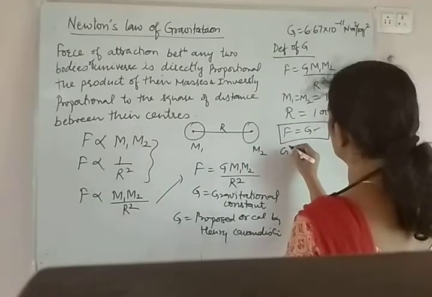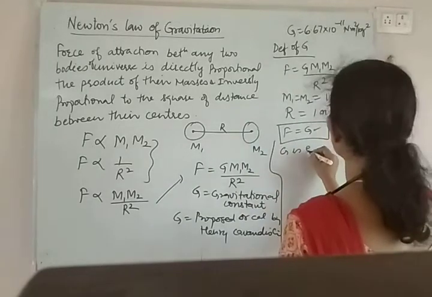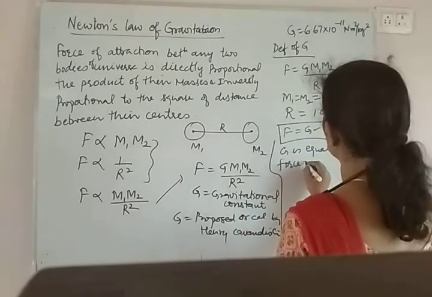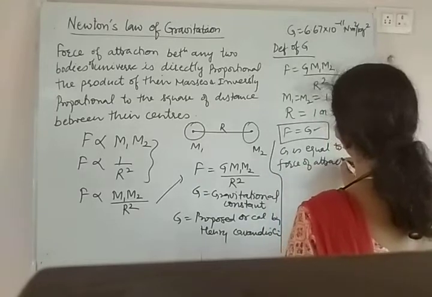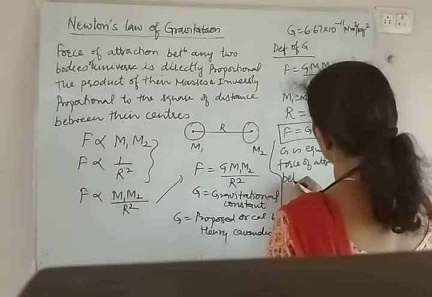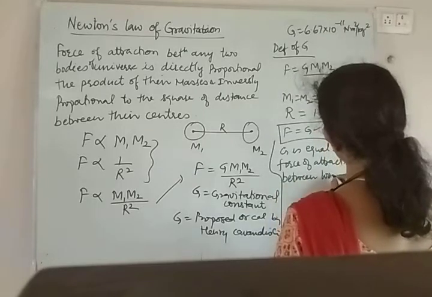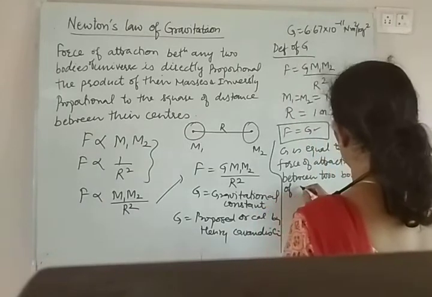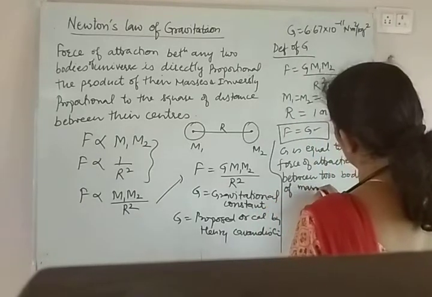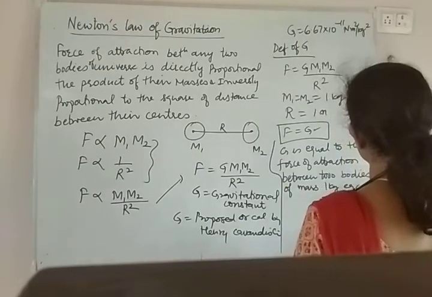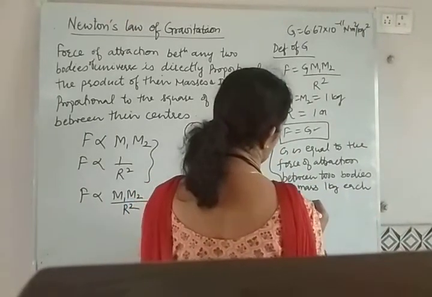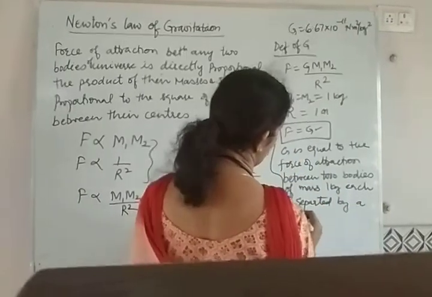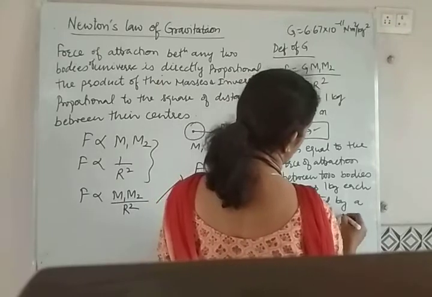So G is equal to the force of attraction between two bodies of mass 1 kilogram each and separated by a distance of 1 meter.